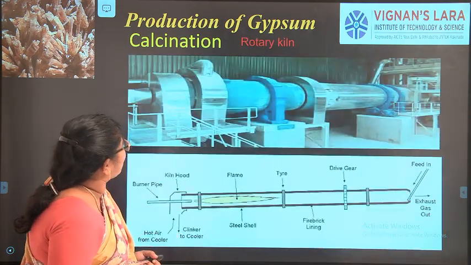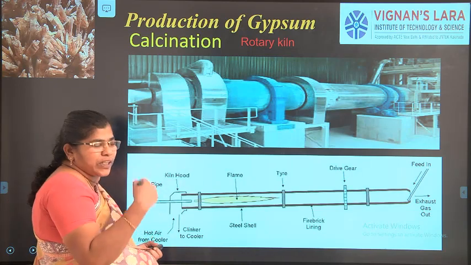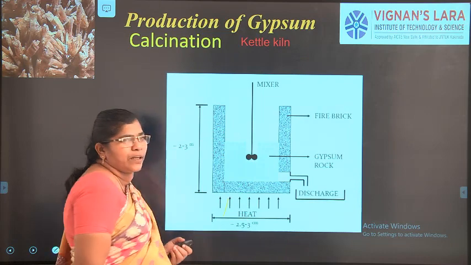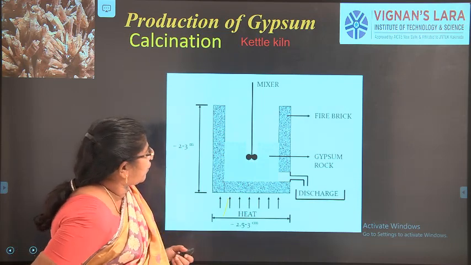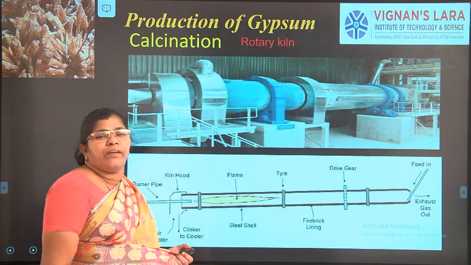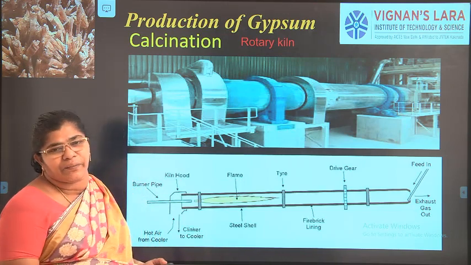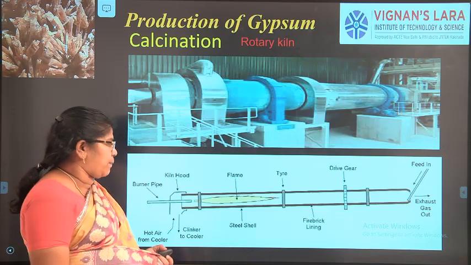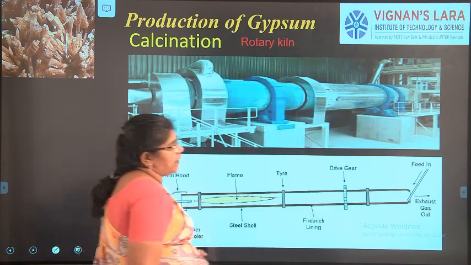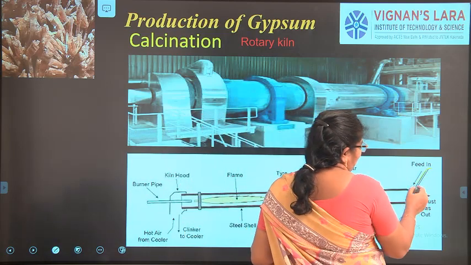The second one is the rotary kiln. Rotary is a rotational movement, a stirring movement. It is called a rotary kiln. We will see more about this kiln when we go to the production of cement, where there is a heavy flame. Here the products are allowed to pass through.